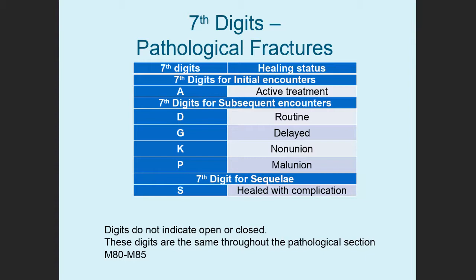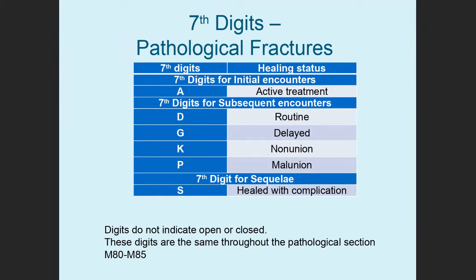Here are the possible 7th digits. Boy, this looks a lot easier, a lot more straightforward, doesn't it? These are the only ones you have. They don't have digits for open fracture or closed fracture. And the digits don't change depending on the code, the subcategory.